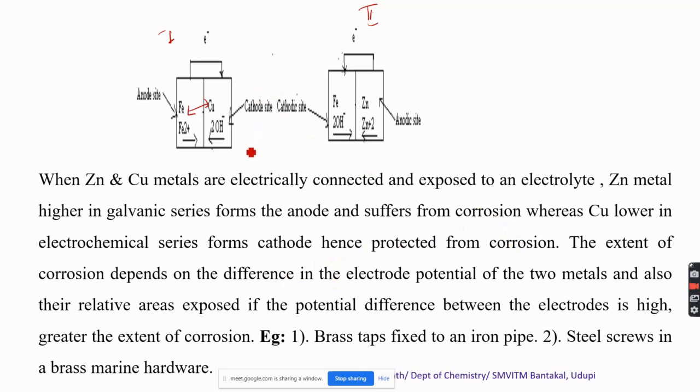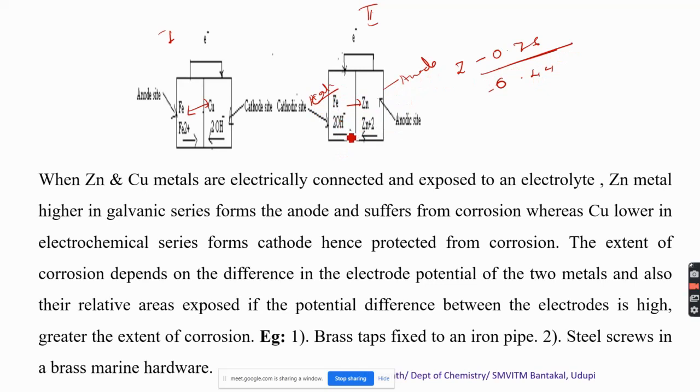So here I'll take two different metals: zinc connected with iron, and iron connected with copper. Zinc's potential is minus 0.76, whereas iron's is minus 0.44. As a result, in this case zinc acts as anode, whereas iron acts as cathode, and thereby the iron gets protected.